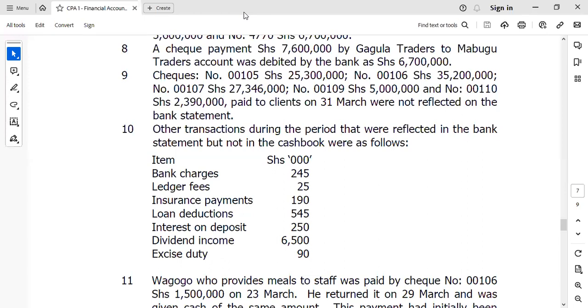A check payment of 7.6 million by Gagura Traders to Mabubu Traders account was debited by the bank as shillings 6.7.